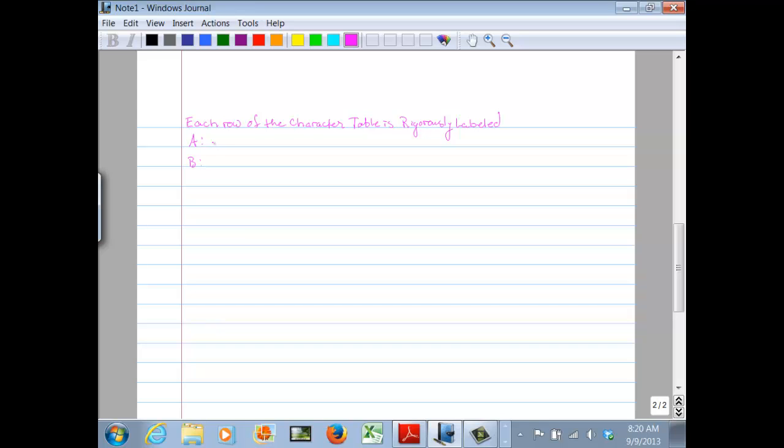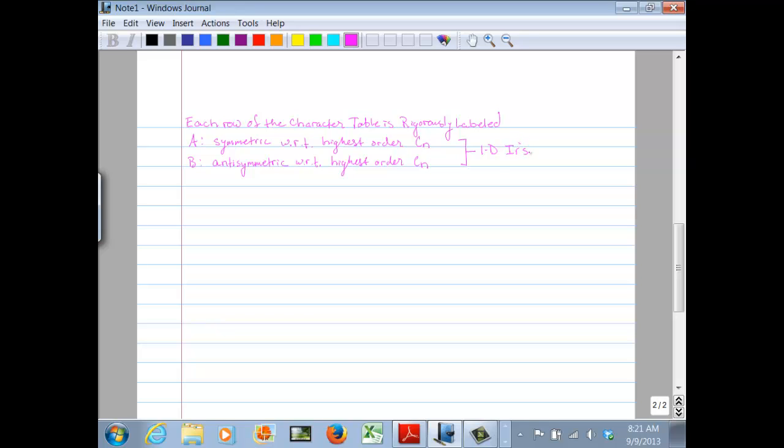If it's an A, it's symmetric with respect to the highest order Cn. Remember that the highest order Cn is the principal axis. And if it's B, that means it's antisymmetric. These two, A and B, are what we call one-dimensional, or 1D, IRs.